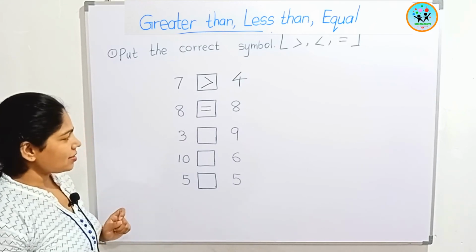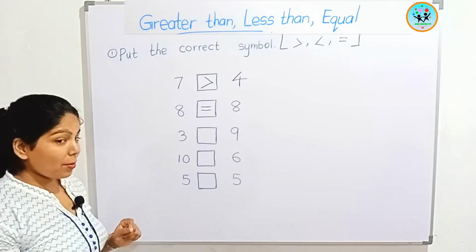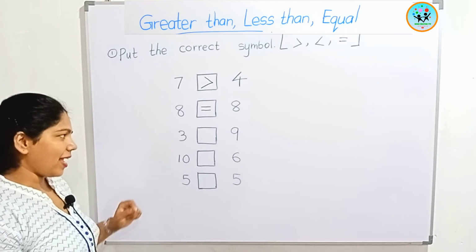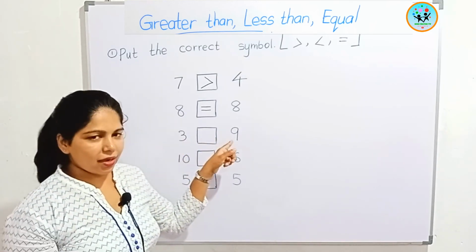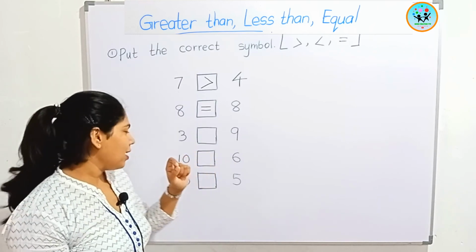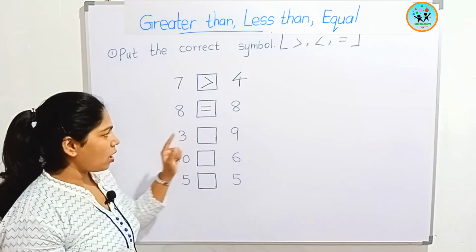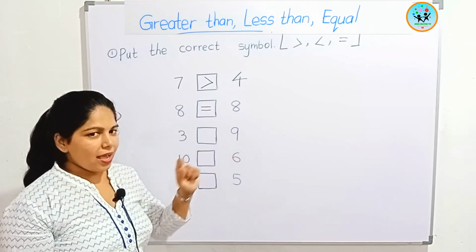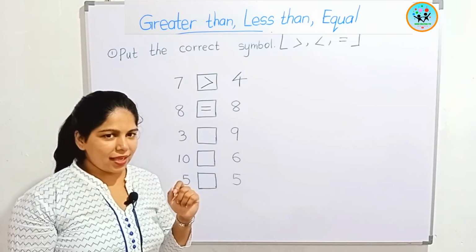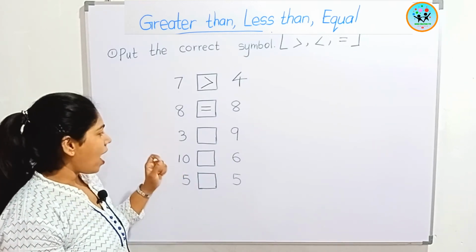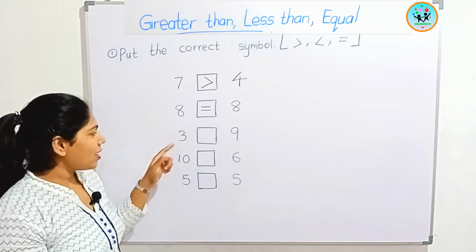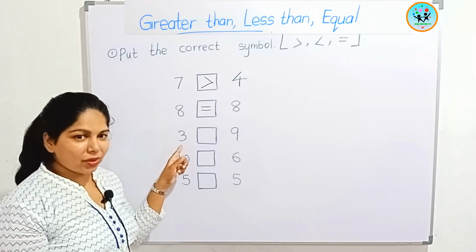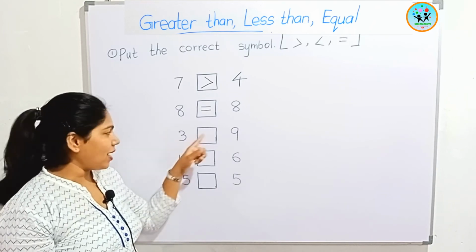Tell me students, which number is less than, either 3 or 9? What am I asking? Which number is less than? Yes, number 3 is less than number 9.